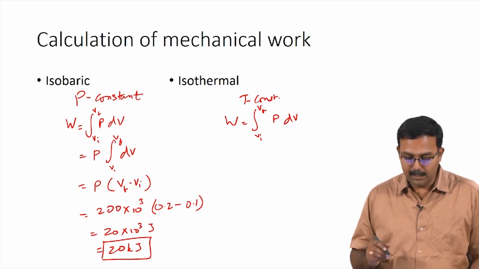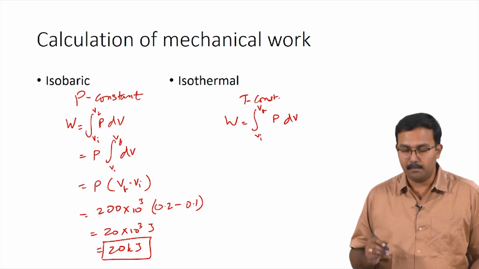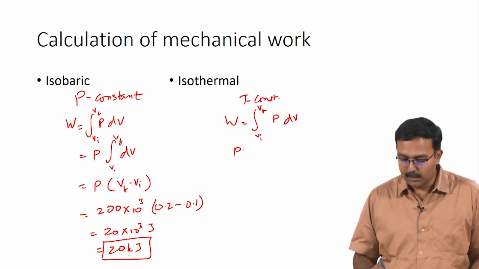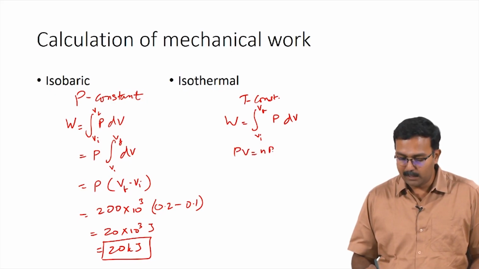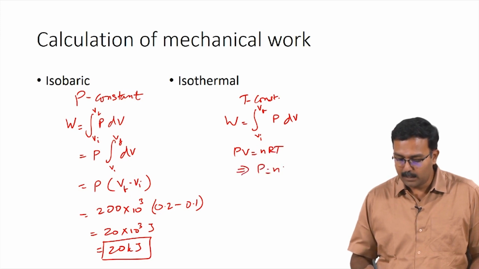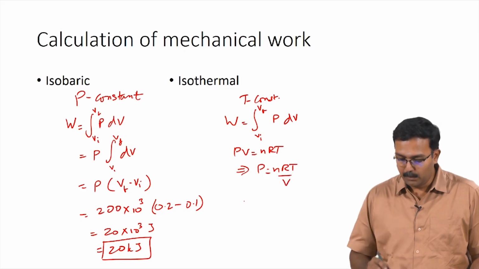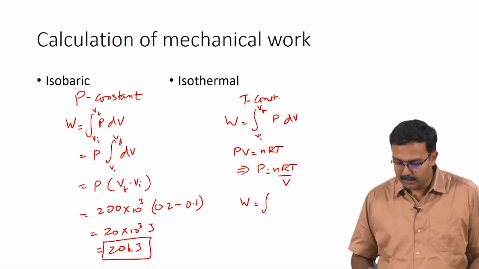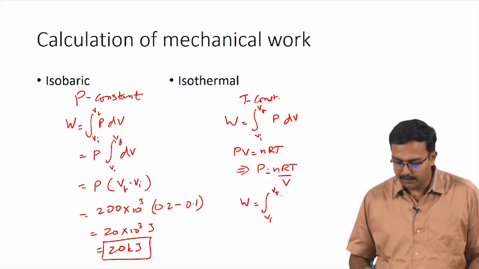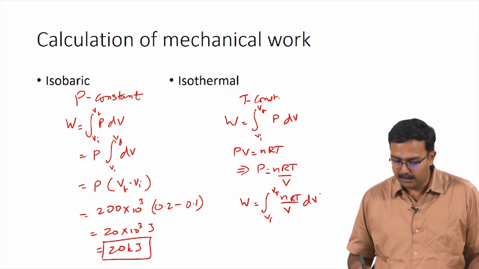We have been given that the gas present in the system is an ideal gas. So, using the ideal gas law, we know PV equals nRT. This implies pressure is actually nothing but nRT divided by V. So, substituting it there, your W term is integral V initial to V final nRT divided by V dV.